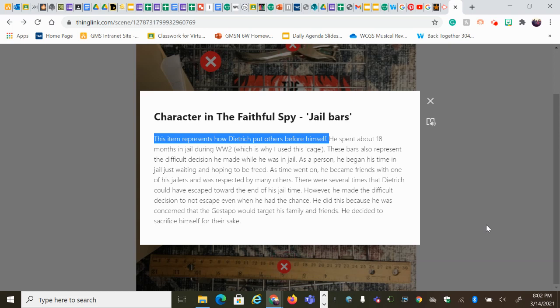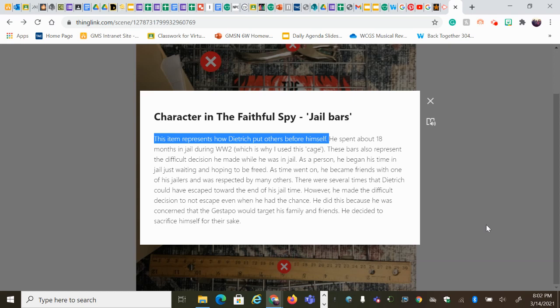Okay. So I just wanted to quickly show you a character. You could also do this for, this item represents a character's complicated relationship with someone or supportive relationship with someone. The item could also represent a difficult decision they had to make. I kind of did both.